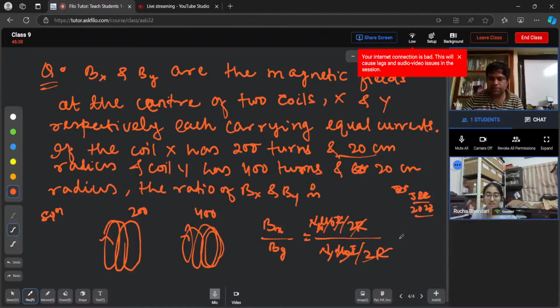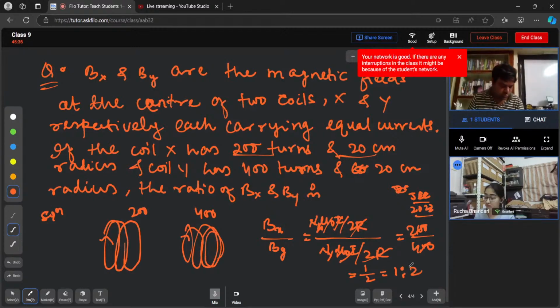So Bx by By is simply Nx by Ny. Nx is 200 turns and Ny is 400, so the ratio is 1 is to 2.